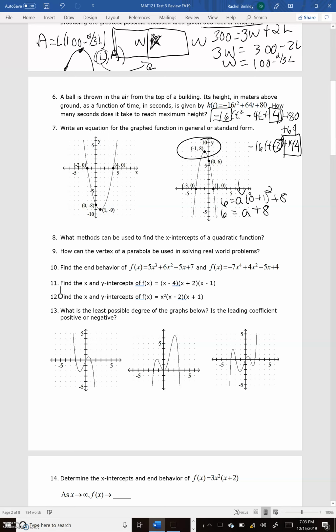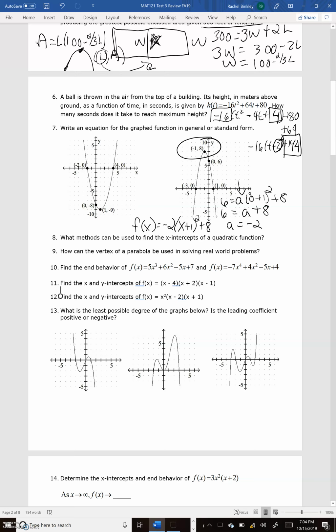Then subtract 8 from both sides, and I get a is equal to negative 2. So the entire function should be f of x is equal to negative 2 (x plus 1) squared plus 8. There you go.